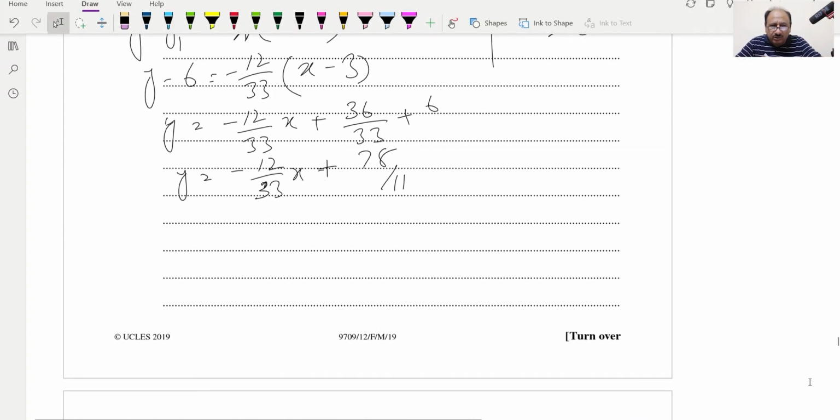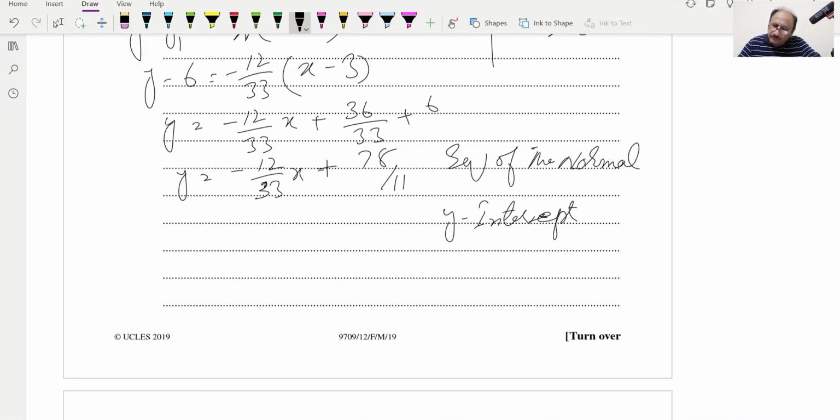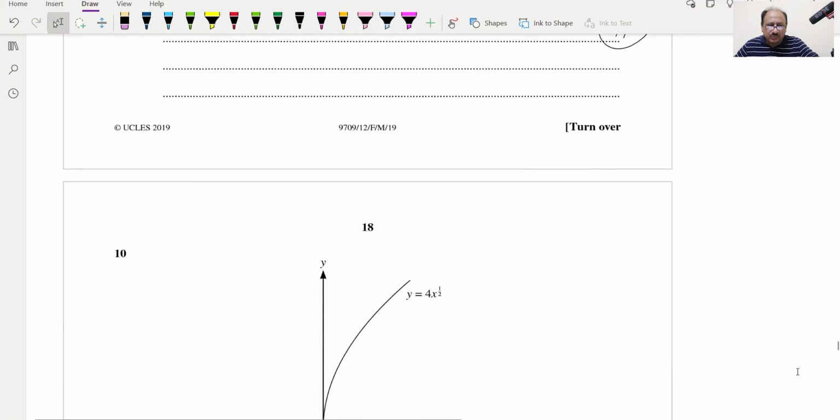This will be the equation of the normal, and the y-intercept will be what? The y-intercept will be equal to this value, 78 over 11. Now we can move to the next question.